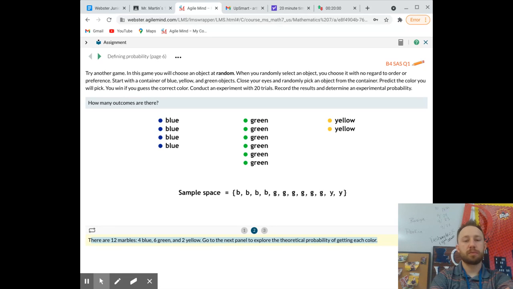What was the question? How would you determine the theoretical probability for picking a blue marble? Remember, there's 12 marbles in all. So, what is the chance that you would pick a blue marble out of those 12 marbles?